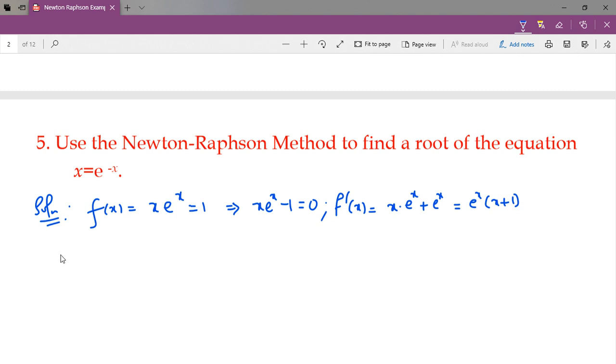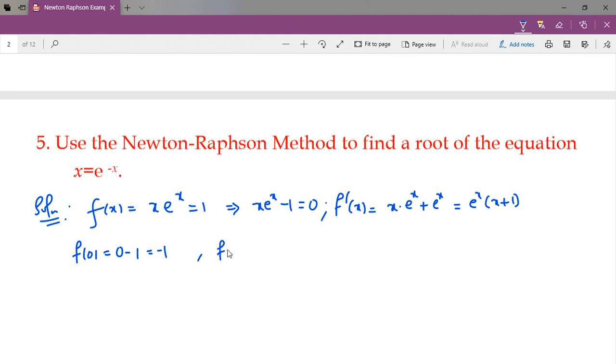Again we need to find the interval where the root lies. Now for that, see f of 0: x into e power x is 0 into something, which is 0, and 0 minus 1 is minus 1. So f of 0 is equal to minus 1.